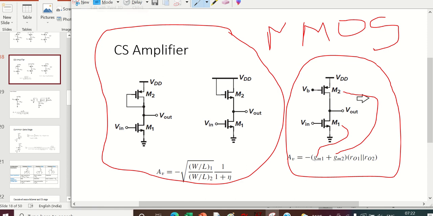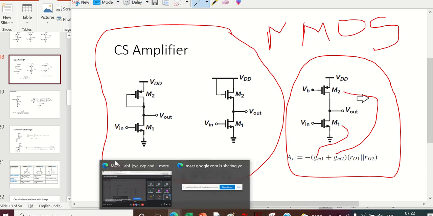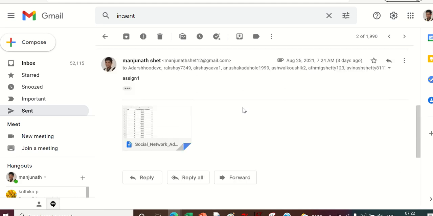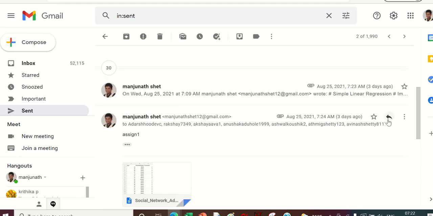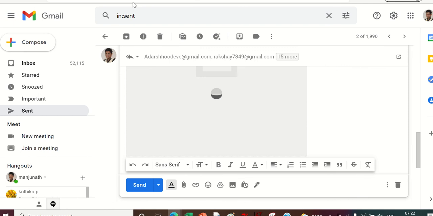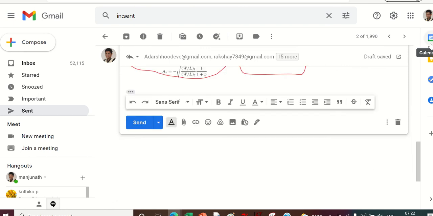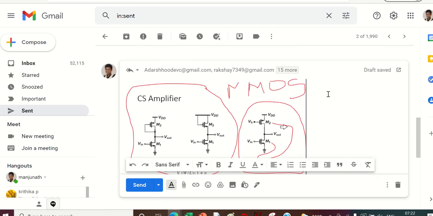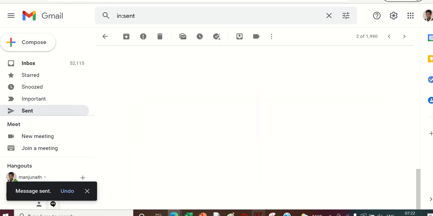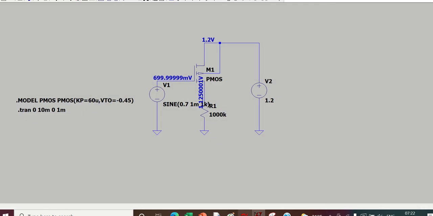I will share this image in the group. So you have to try these three in NMOS and PMOS, six of them. Tomorrow we will see one last variant and then we will wind up the syllabus for this.